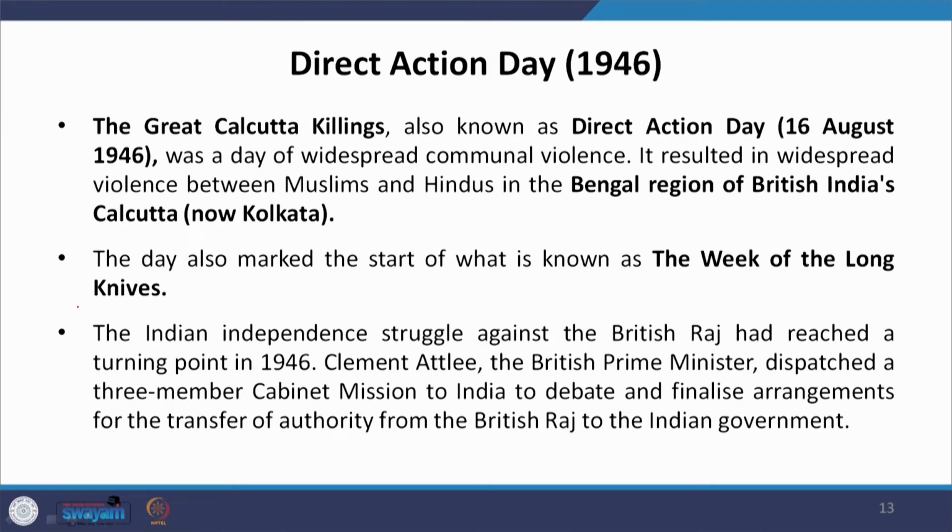The Indian independence struggle against the British Raj had reached a turning point in 1946. Clement Atlee, the British Prime Minister, had dispatched a 3-member cabinet mission to India to debate and finalize arrangements for the transfer of authority from the British Raj to the Indian government.